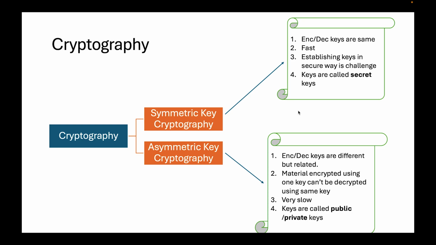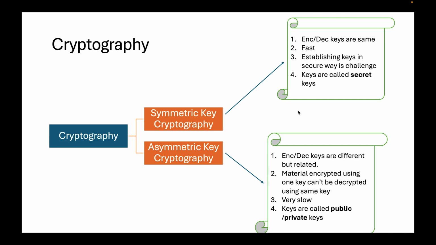It is extremely slow compared to symmetric cryptography, in such a way that even if you have to encrypt one single page of data with it, it might take several minutes to hours. As you can see, asymmetric cryptography is so slow that it cannot be used for practical communication in the real world.